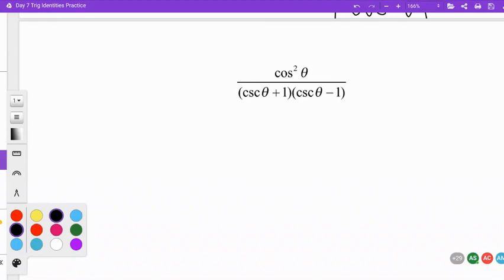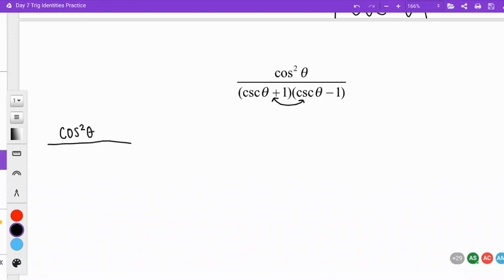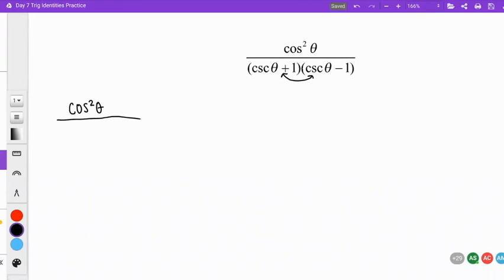Before we can even tackle the numerator, cosine squared, or figure out what that does for us, we definitely want to tackle the denominator. So we'll go ahead and leave cosine squared the way it is. Our denominator is now going to become this really drawn out FOILing, double distribution.